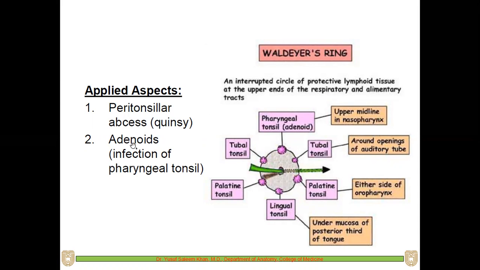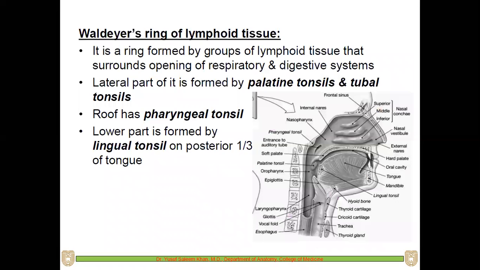Similarly, in small children, the adenoids, the pharyngeal tonsils, get infected. Infection of the pharyngeal tonsils is called adenoiditis, especially in small, breastfeeding children. In those children, if this pharyngeal tonsil becomes enlarged because of the infection, it closes the nasal cavity.